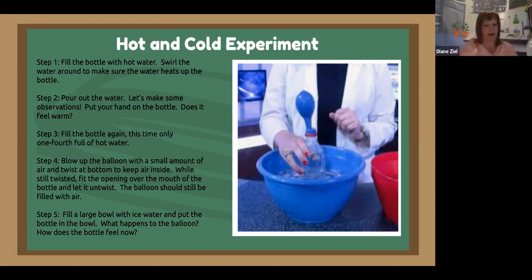So let's talk about what happened to that balloon when we exposed it to the cold air. When you first put the balloon over the mouth of the bottle, the hot air inside the bottle expanded and helped to keep the balloon inflated. But when we put it into the ice water, it was cooling the air inside the bottle.